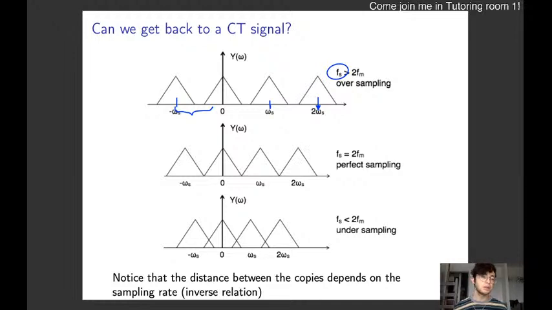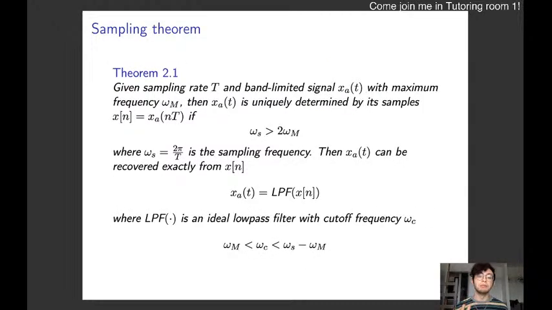Great. And this brings us to our formal statement of the sampling theorem. If we have some band-limited signal in the continuous time domain, then we can completely reconstruct it from its samples by making sure that the sampling frequency is greater than twice the maximum frequency.